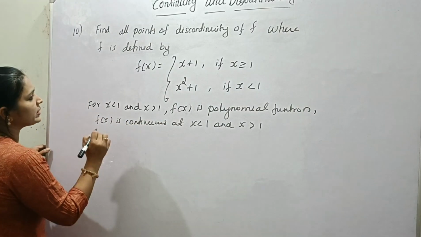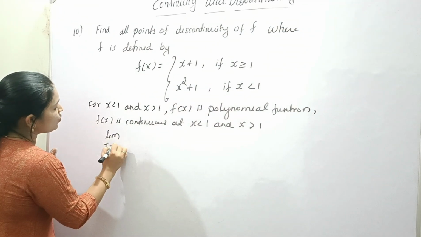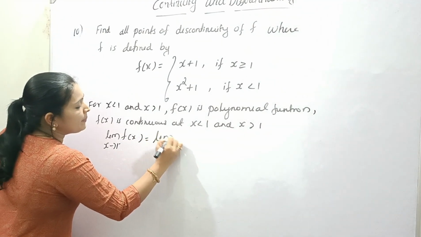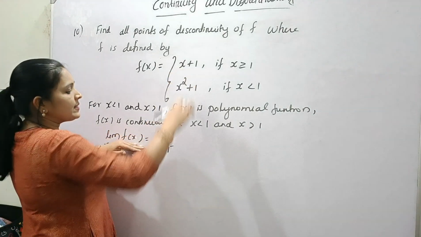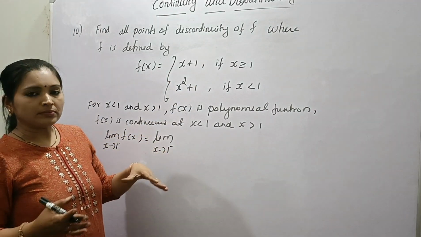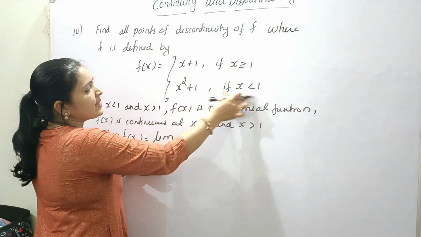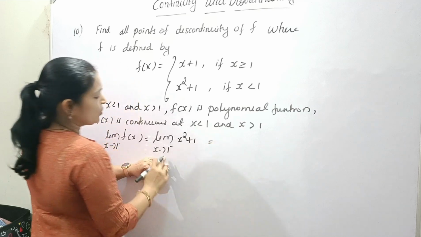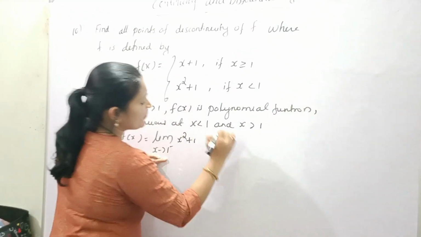So limit x tends to 1 minus f of x. 1 minus means less than 1. When x is less than 1, the function is x square plus 1. Substitute x is equal to 1, so 1 plus 1 is 2.